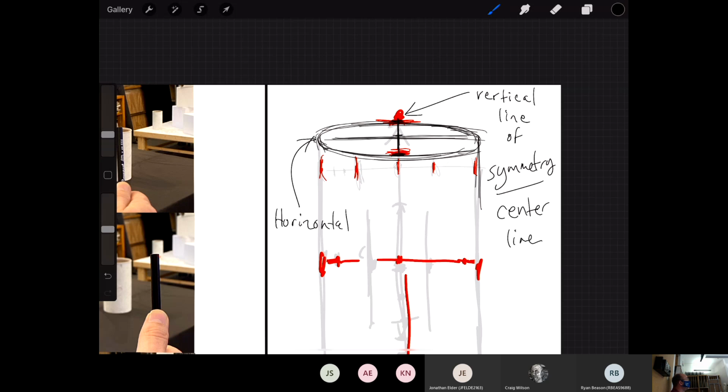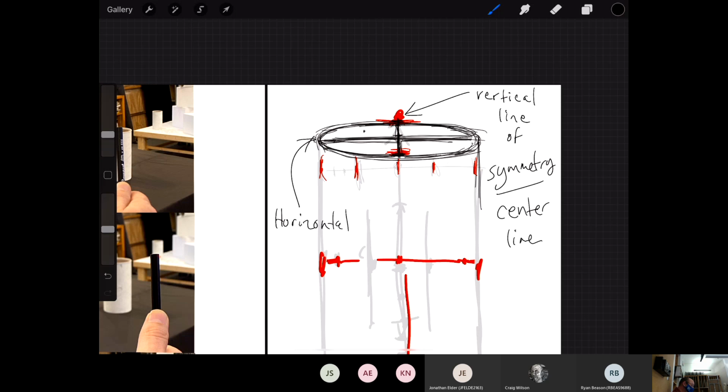You see what I mean? And what I'm looking at is I'm looking to see that this shape is a reflection, a mirror reflection of this shape. Do you see that? And this shape is meant to be a reflection of this shape. Do you see what I mean?